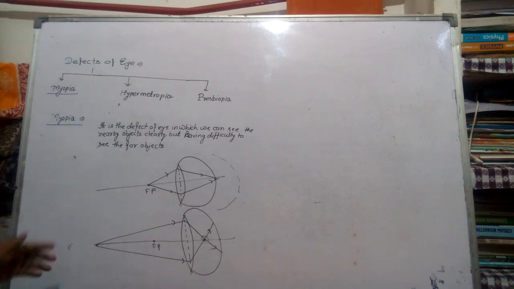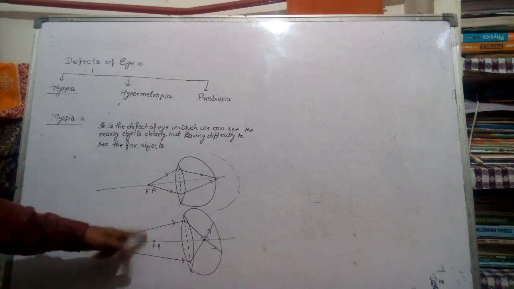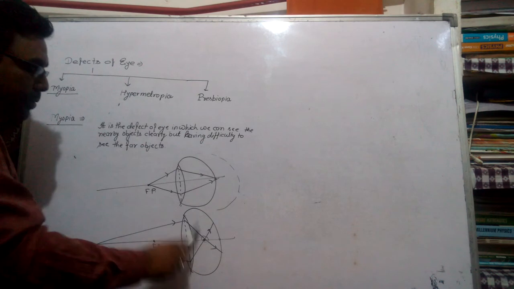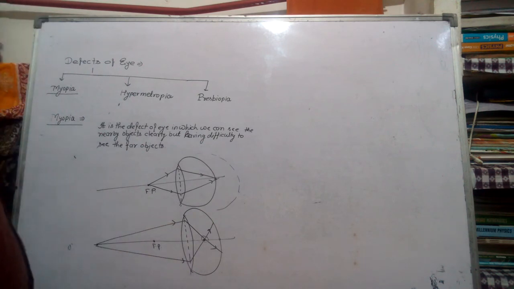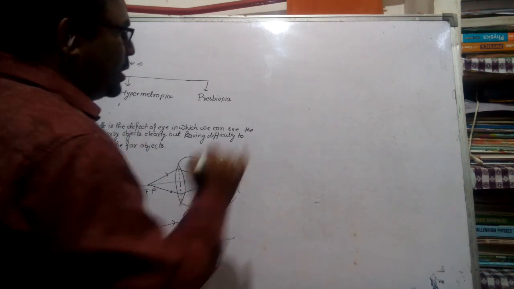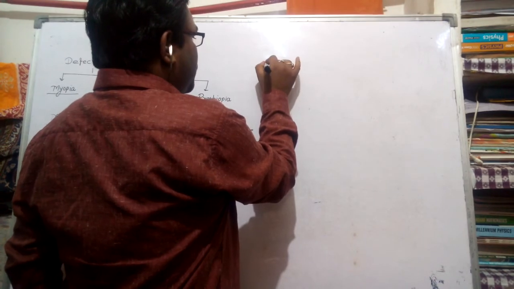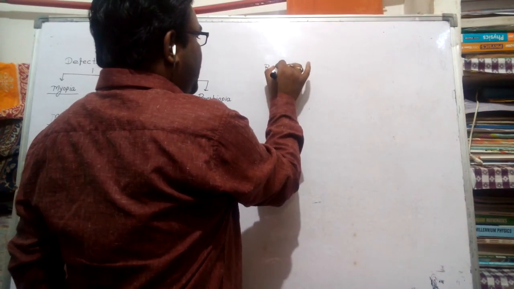So the remedy of this is by decreasing this converging nature. And which lens is used for this? Beta, a diverging lens is used for this. Now what is the rule beta? Look, remedy.